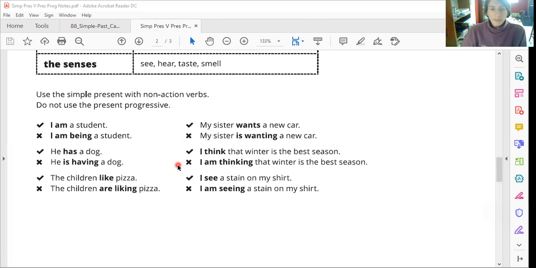But remember that with languages, we often have an informal way of doing something, which is what we do in everyday speaking, and a more formal way of using the language, which is what we do in writing, particularly academic writing, which is what you need to learn how to do. Okay.